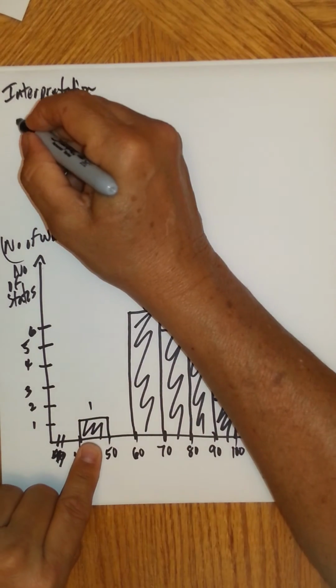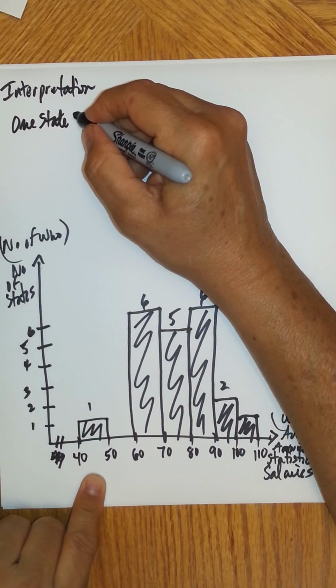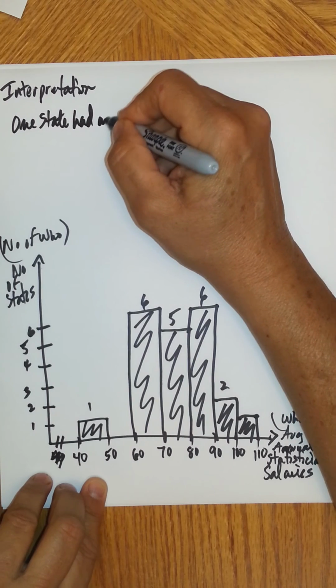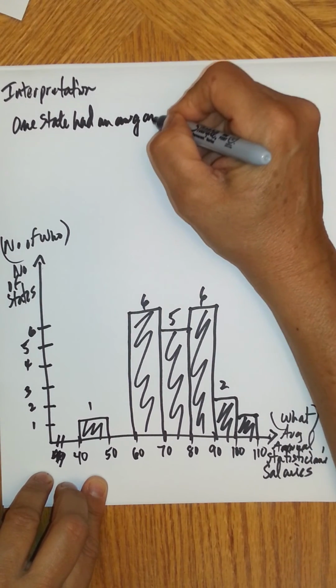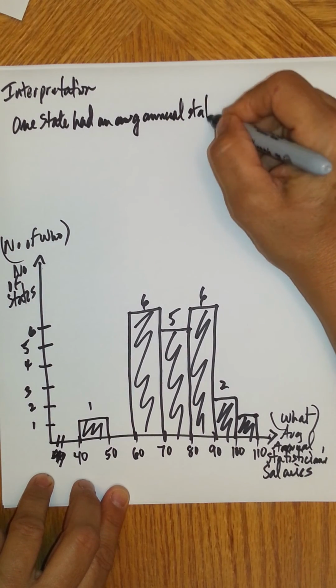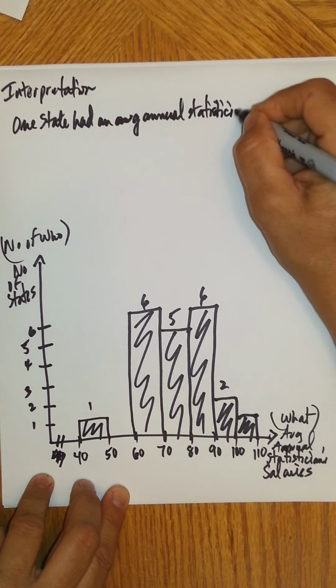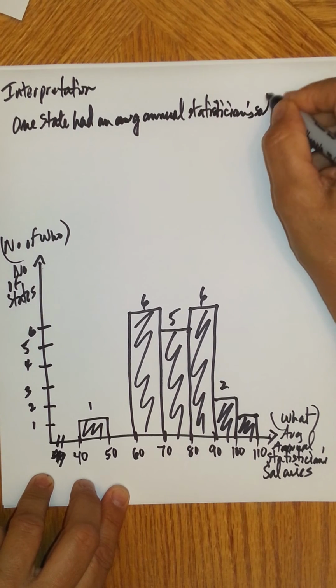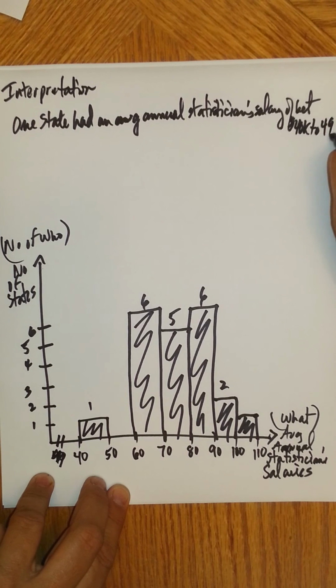We'll say one state had an average annual statisticians salary of between, and you might say, 40,000 to 49,000.